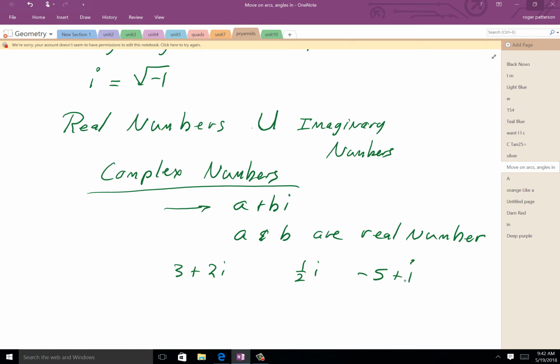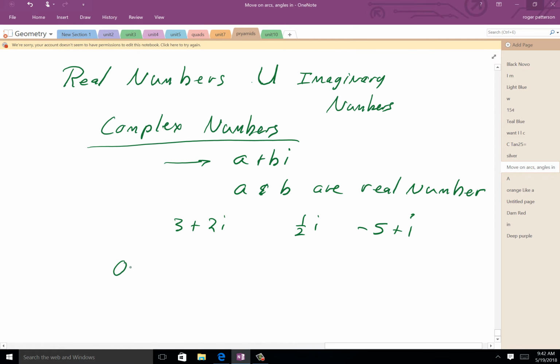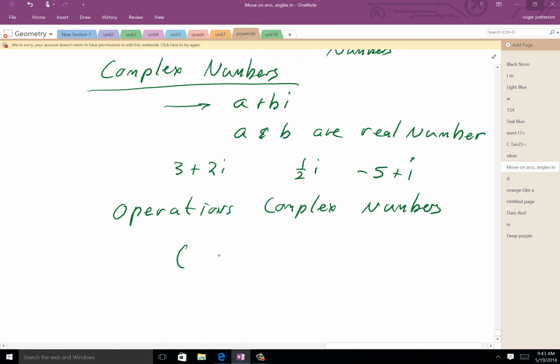So, what can you do with these? Well, there are all these operations, so let's step through all the operations on complex numbers. So let's say we have 2 plus 5i, and I'm just going to put parentheses between them to separate them out, but you don't really need to.